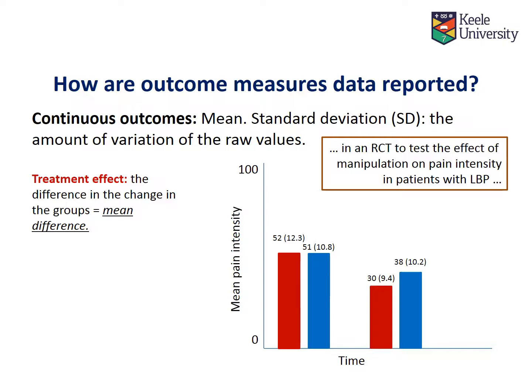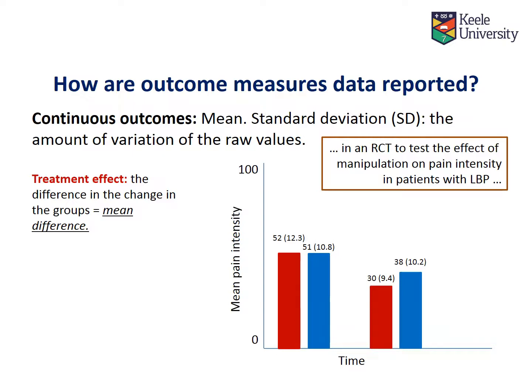So what happens here is that the treatment made some change in the outcome, which is the pain intensity. In the red group, the mean changed from 52 to 30. In the blue group, or the control group, it changed from 51 to 38.